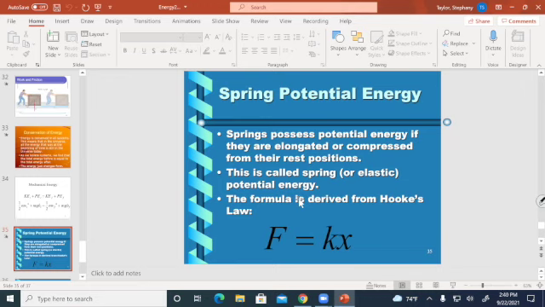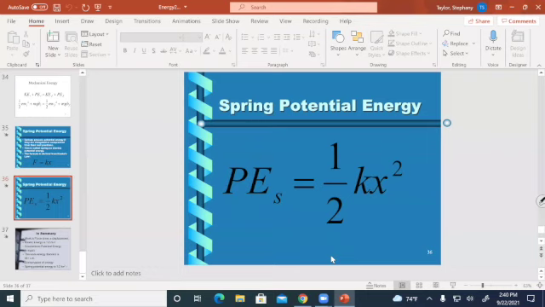And if you stretch a spring and let it go, it'll come back to its original length. So that's compression and elongation from the rest position. This is just spring potential energy, and we're going to talk about spring and Hooke's law later in the semester.